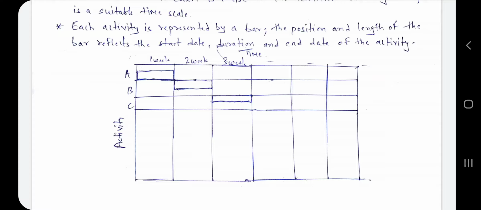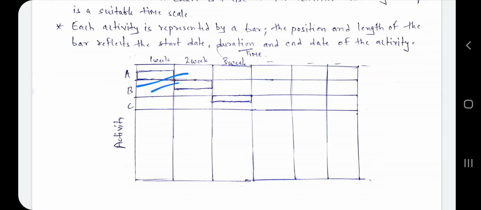So for example, we have activity A, and its start date is 0 to 1 week. So here we started our activity on the first day and this activity ended on the 7th day, meaning in 1 week this activity is completed. Activity B starts when activity A ends, so for that we make one bar.